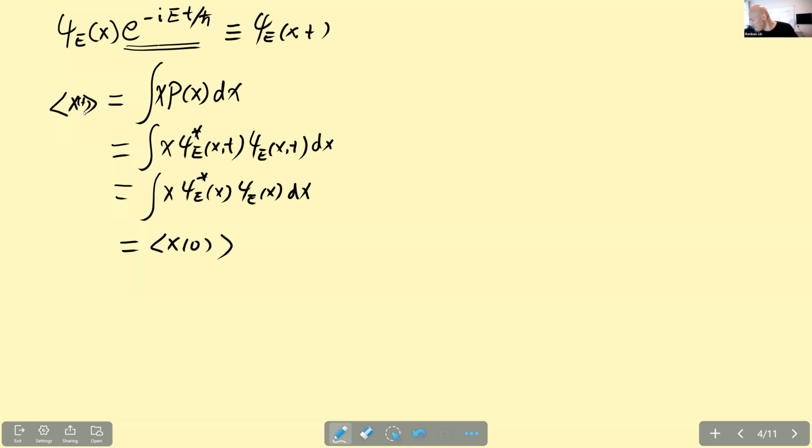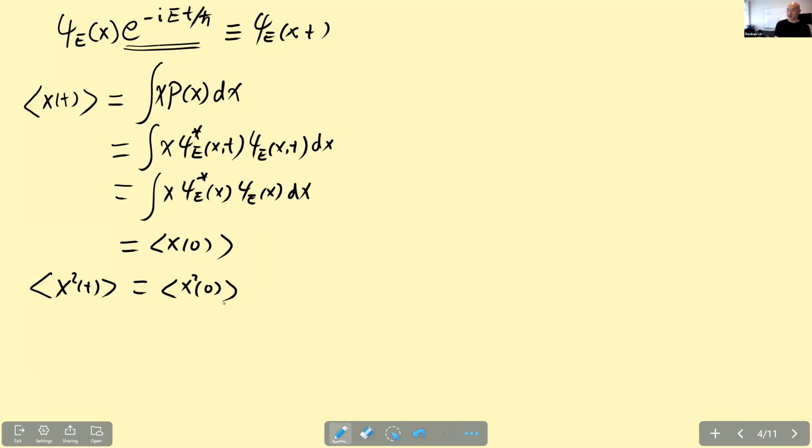So the measurement of this one at different times will actually give you the same results. And similarly, if you follow the same procedure, the average of x squared should also be independent of time, right?